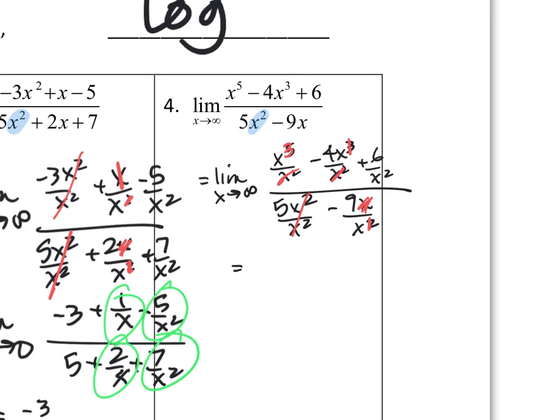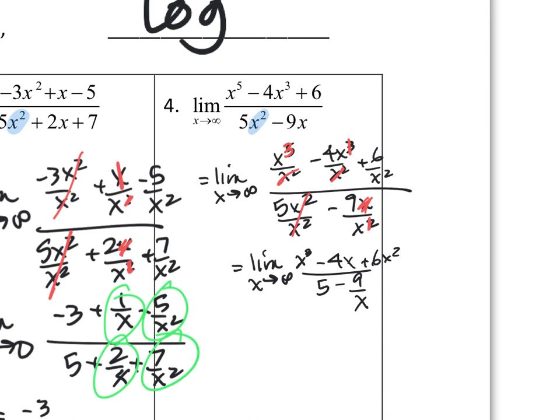So what are we left with? We're left with an x cubed minus a 4x plus a 6x squared over 5 minus 9 over x. So now, here's what I want you to think about.